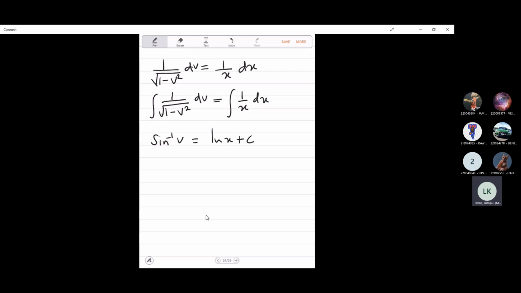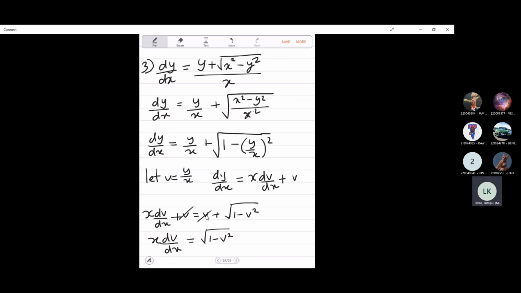Then remember, v is y over x, so I have sine inverse of y over x is equal to ln of x plus c, and that is my solution. Okay, that was number 3.